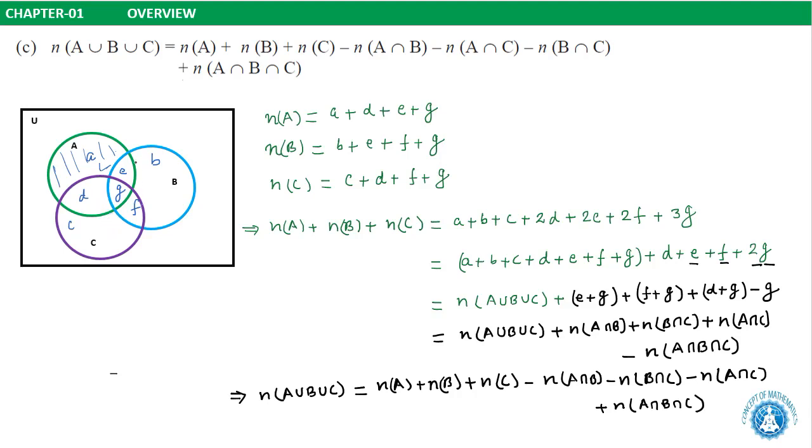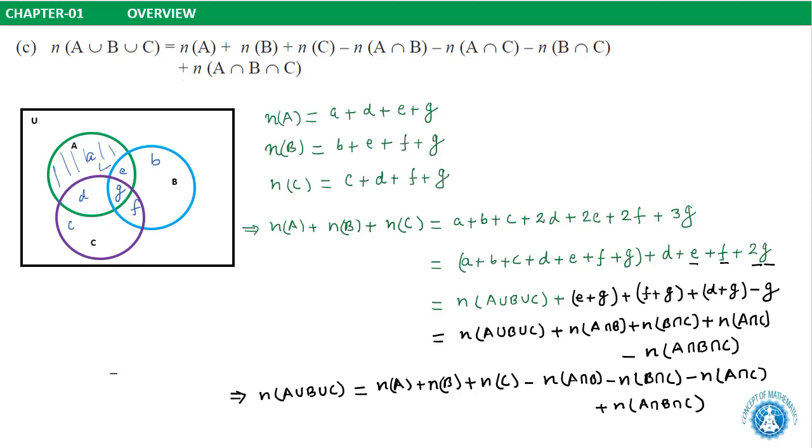So the number of elements in set A can be written as a plus d plus e plus g. Similarly, the number of elements of B can be written as b plus e plus f plus g, the sum of all these numbers. a, b, c, d, e, f, g all represent natural numbers. The number of elements in C equals c plus d plus f plus g.